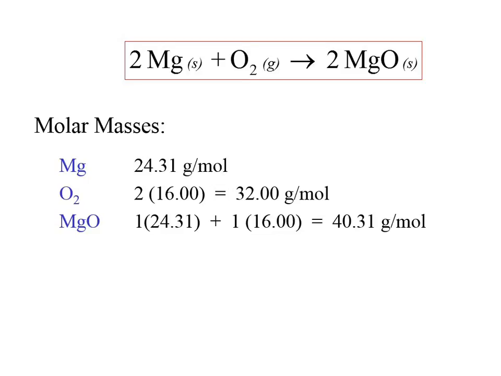And we don't need it for this calculation, but we will for the next one, kind of a follow-up. The molar mass of magnesium oxide is that 24.31 plus 16.00, or 40.31 grams per mole. So on your test, when you do stoichiometric calculations, you're going to have to keep up the good work of showing me the molar mass calculation up front.